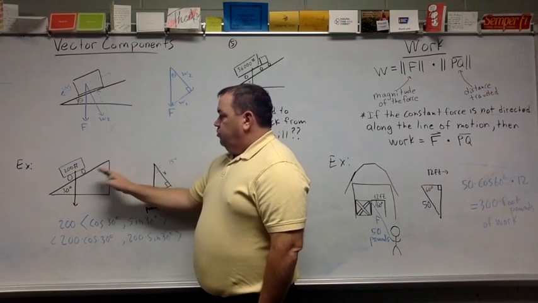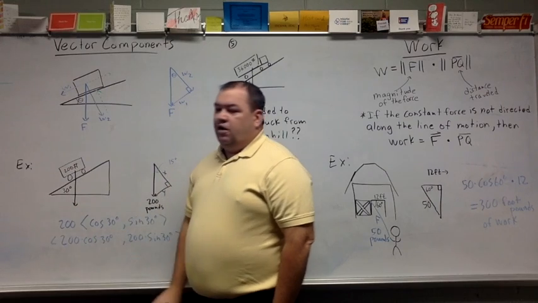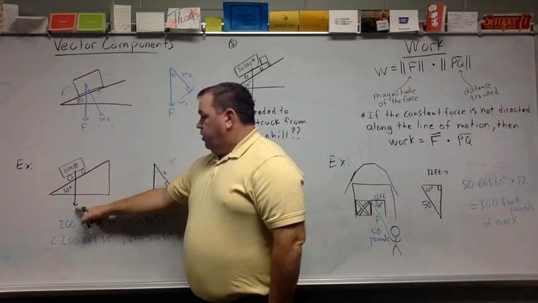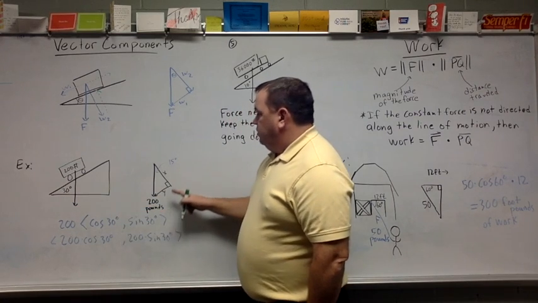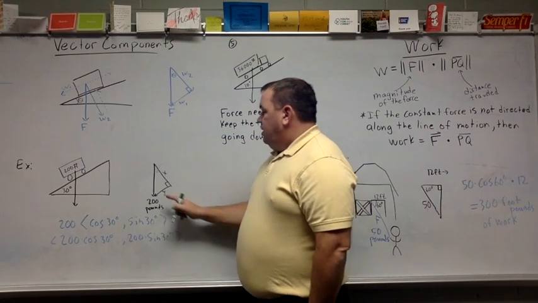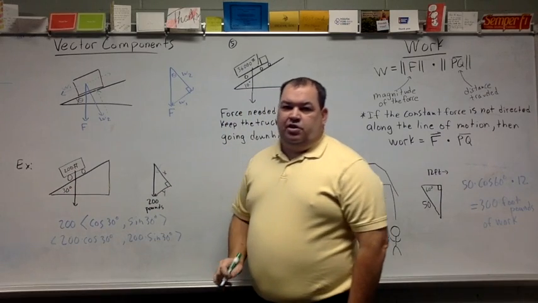So an example here would be a 200-pound wagon sitting on an inclined plane of 30 degrees. That 200 pounds goes straight down. I need to break this into component forces. So what's nice about this is this angle in my triangle is the same as this 30-degree angle.